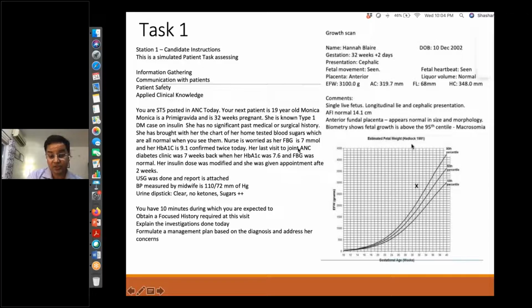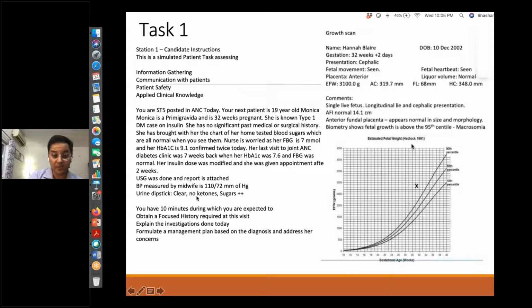Her last visit to the joint antenatal and diabetes clinic was 7 weeks back, when her HbA1c was 7.6 and her fasting blood glucose was also high, not normal. Her insulin dose was modified at that time, and she was given an appointment for 2 weeks later. USG was done today, and the report is attached. Blood pressure is as given.